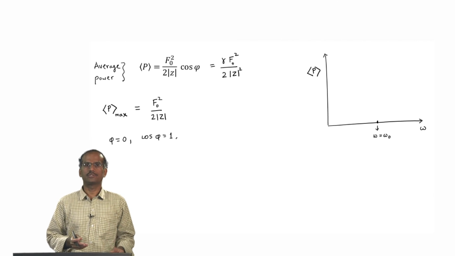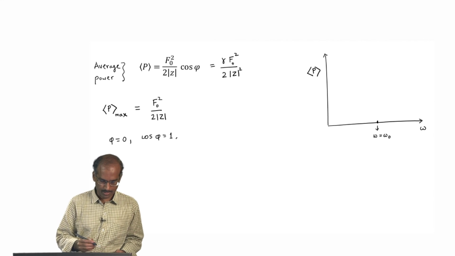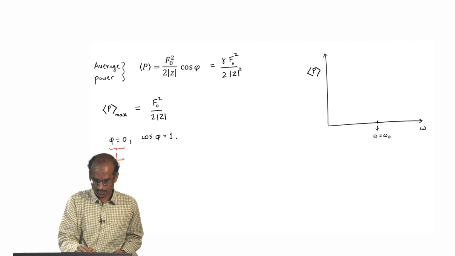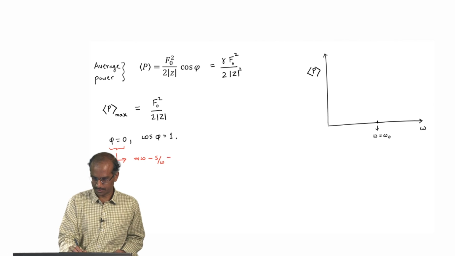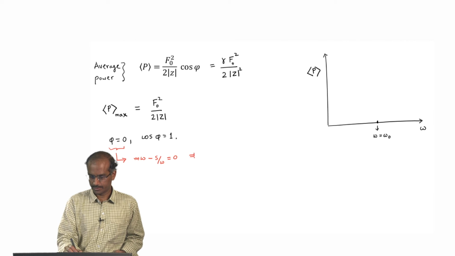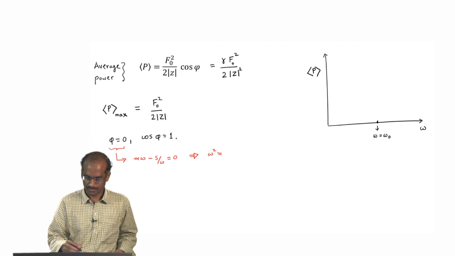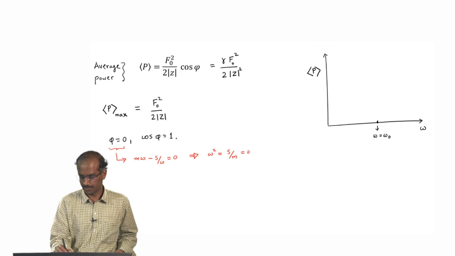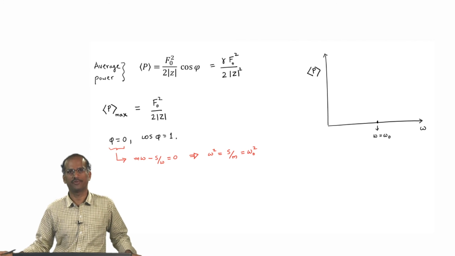Now, you could ask what phi being equal to 0 would mean. So, phi being equal to 0 would imply that m omega minus s by omega is equal to 0, and this implies that omega square is equal to s by m, which is equal to omega 0 square, which is what we call the natural frequency of the system.